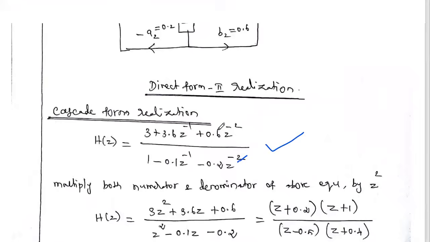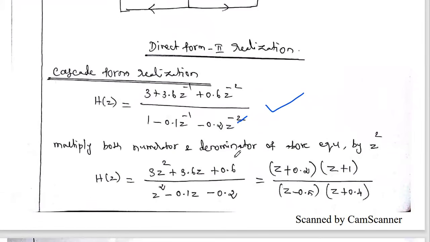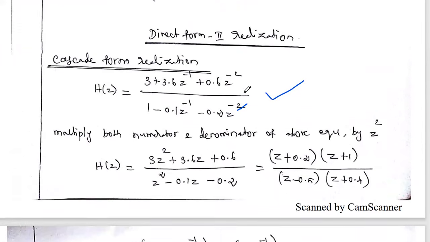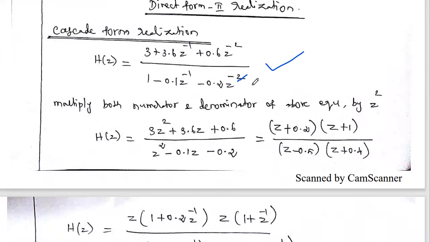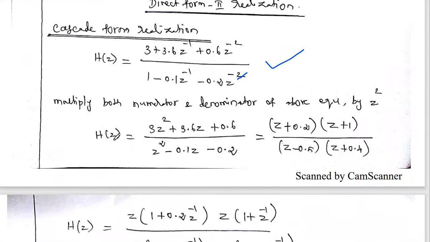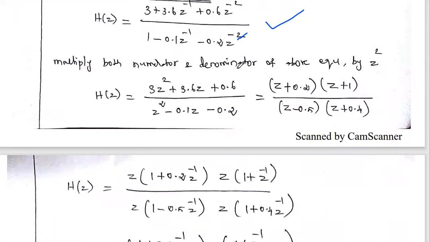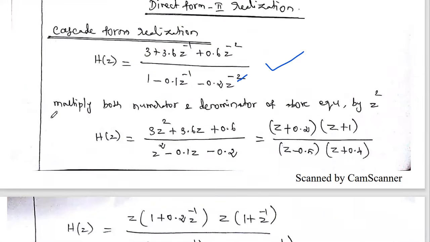In order to split like this, first we have to factorize the numerator polynomial and the denominator polynomial. Here the z is in negative powers, z power minus 1, z power minus 2. For factorizing, if the z power is positive it is easy for us. So we convert this H(z) from negative z power into positive z power by multiplying both the numerator and the denominator by z squared.